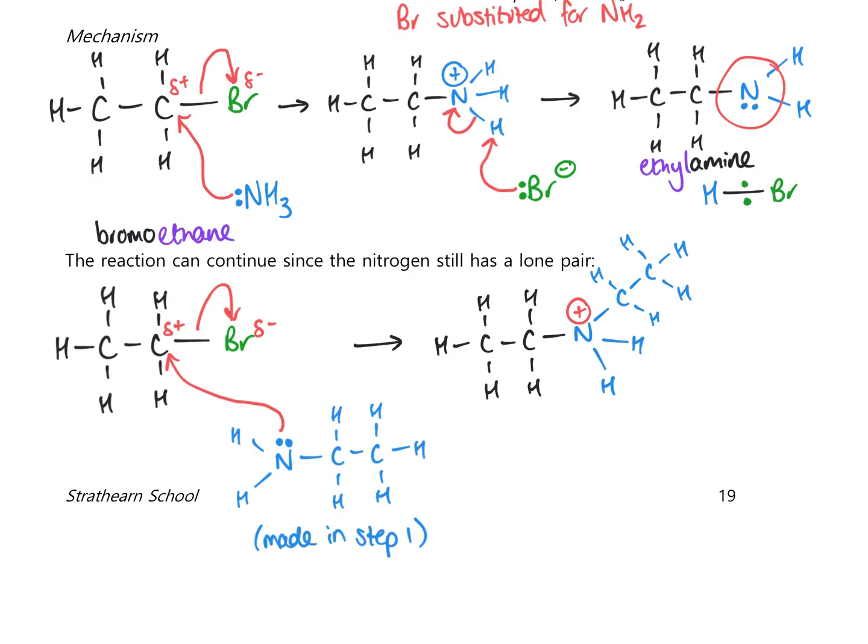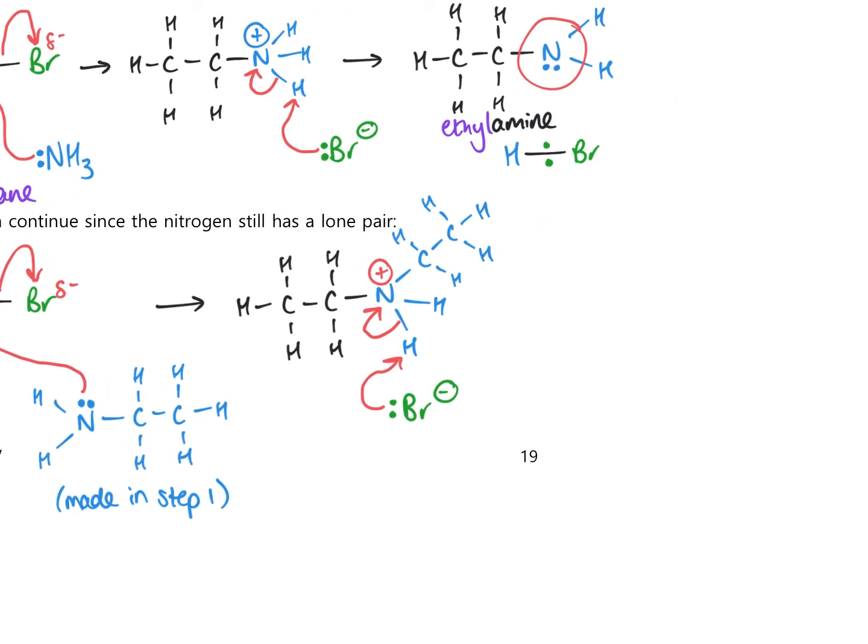It doesn't have its lone pair anymore, but what can happen is, because bromide has been kicked out, it has a lone pair of electrons, which it can use to pick up a hydrogen. That hydrogen-nitrogen bond would then break, moving the electrons into the nitrogen atom, giving it its lone pair back and cancelling out that positive charge because it's overall gaining an electron.